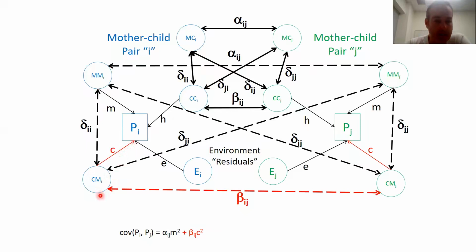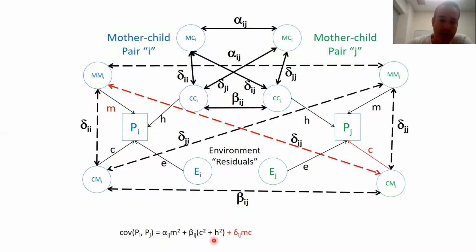So this is C multiplied by beta IJ multiplied by C. So we've got beta IJ C squared for this path. But there's another one through the child's genome as well, this one here. So we've got H multiplied by beta IJ multiplied by H. So beta IJ H squared.